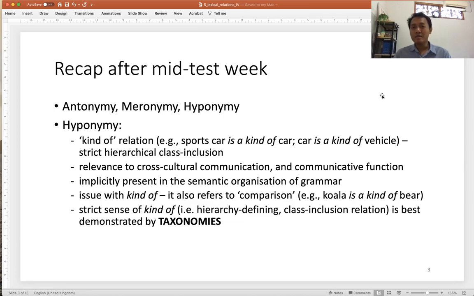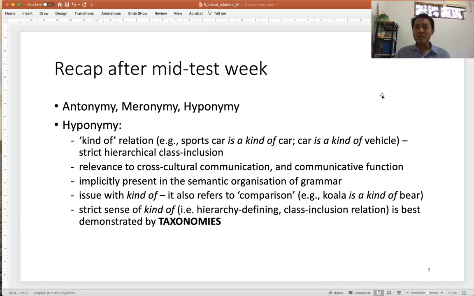I've illustrated that with the relation between sports car and vehicle, where sports car can be said to be the hyponym of car. Sports car, in other words, is a kind of car, and car is in turn a kind of vehicle. And hyponymy also has relevance to cross-cultural communication and communicative function in general.